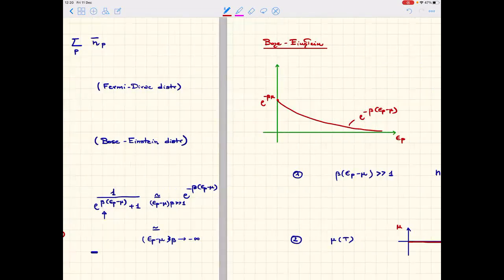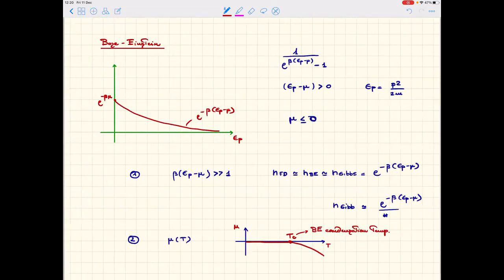Sorry, Professor. Maybe I can just ask this. Why do you say it can never be positive? Well, epsilon_p is a positive number, right? What happens to this function if mu is positive?